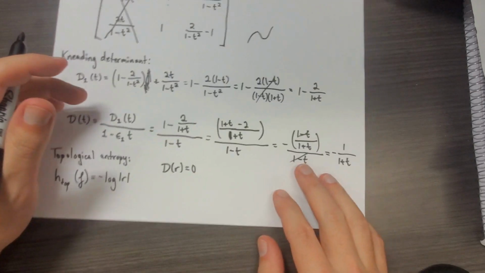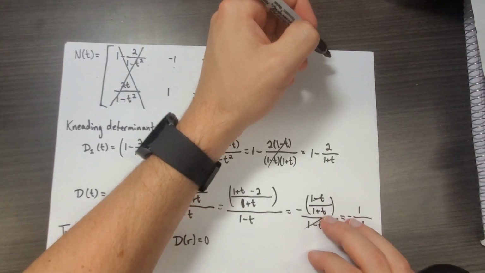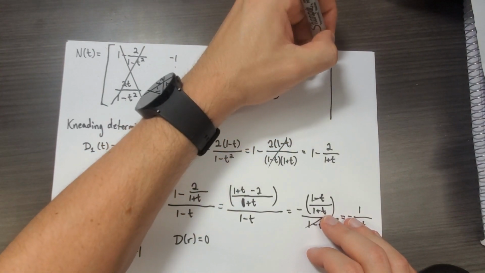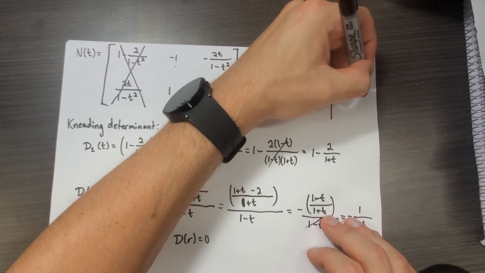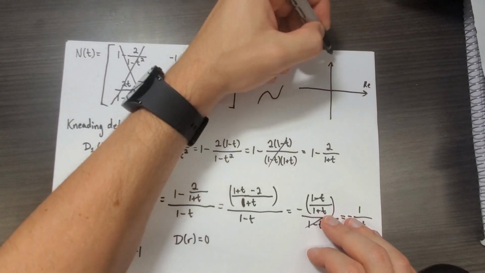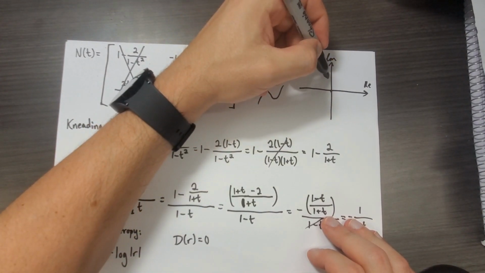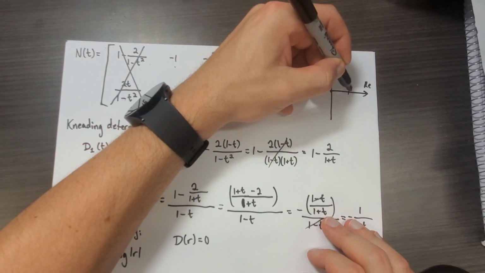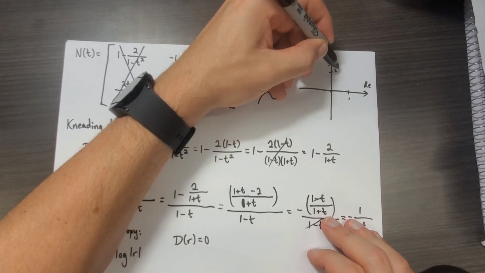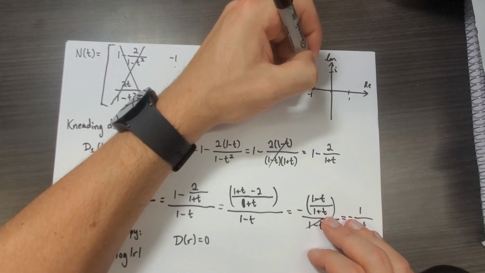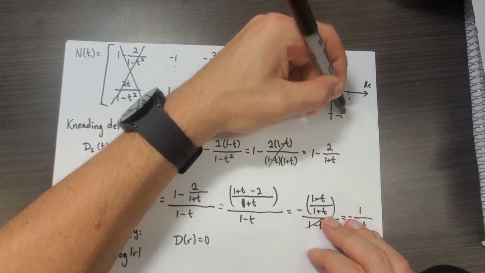So if I look at the complex plane, this is the real axis. This is the imaginary axis. 0 is here, and you can imagine that 1 is right here, i is here, -1 here, and -i here.